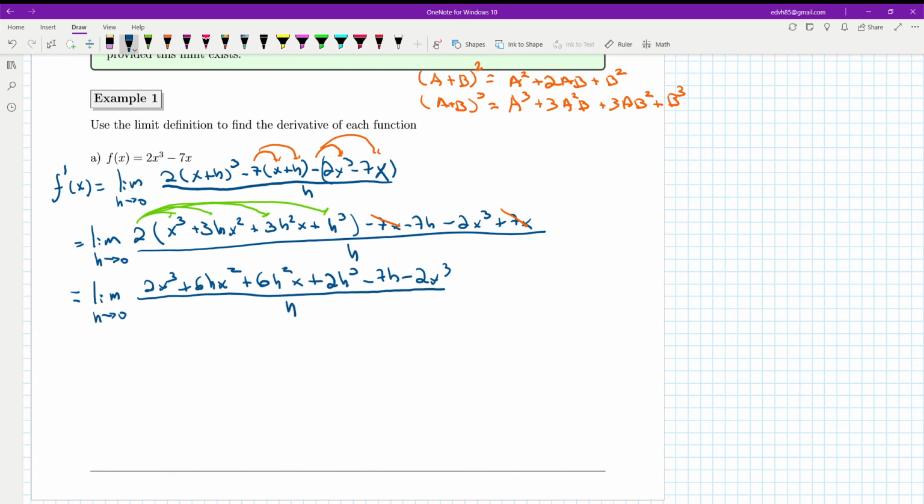And also we can cancel more terms: 2x cubed with negative 2x cubed. So that's going to narrow down to the limit as h approaches 0 of 6h. So notice in this case 6hx squared, 6h squared x, 2h cubed, and 7h.